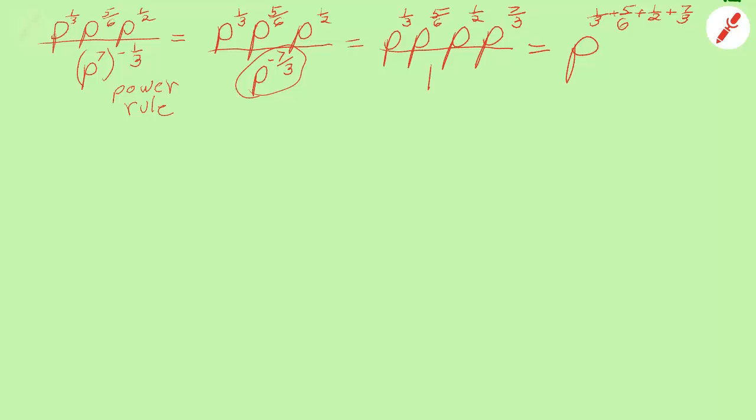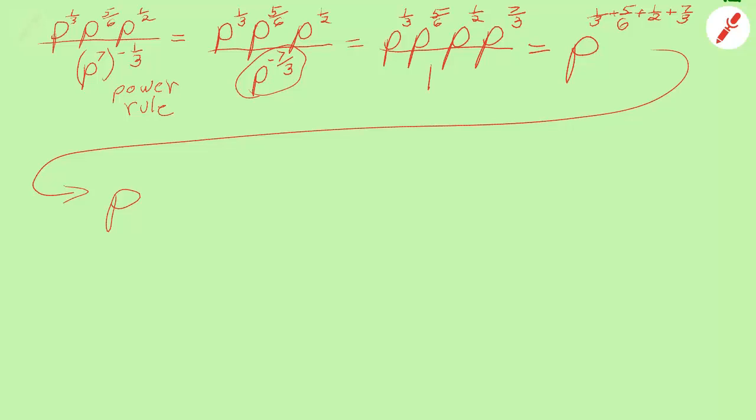Okay, now I'm going to do this by hand, but remember, you can always use your TI calculator to just automatically add these fractions for you. All right, I'm coming down to the next line, and I'll have the base p.